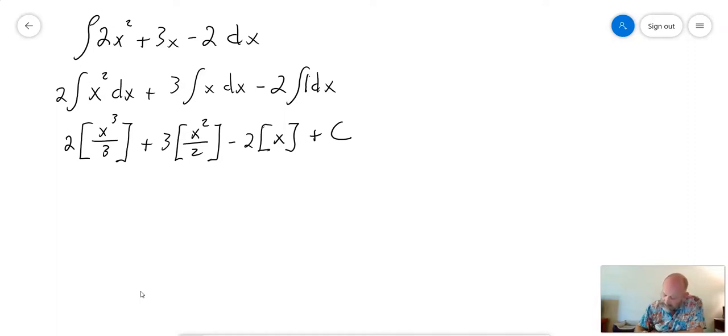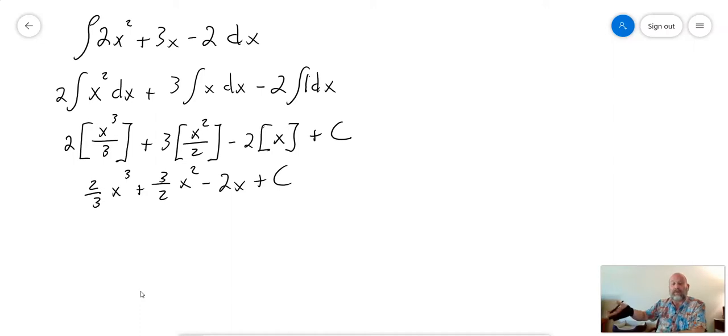Now, just kind of rearranging this a little bit so it looks nicer, this is now 2/3 times x cubed plus 3/2 times x squared minus 2x plus a constant. Right? And so we just found the antiderivative of this. And you notice we just did it term by term. And not only that, we only had to pay attention to the variable part of this.